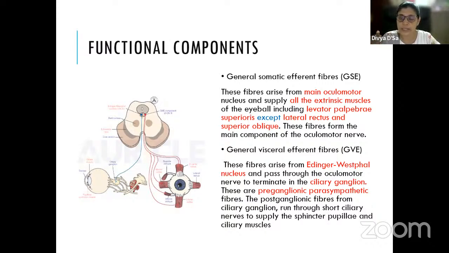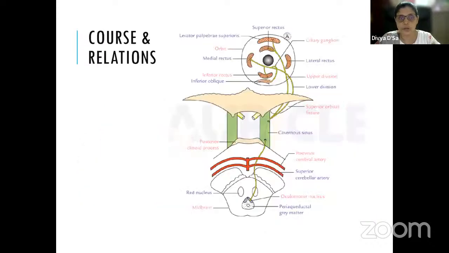The postganglionic fibers which begin from the ciliary ganglion supply, through the short ciliary nerves, the sphincter pupillae and the ciliary muscles. So this is about the 2 components.